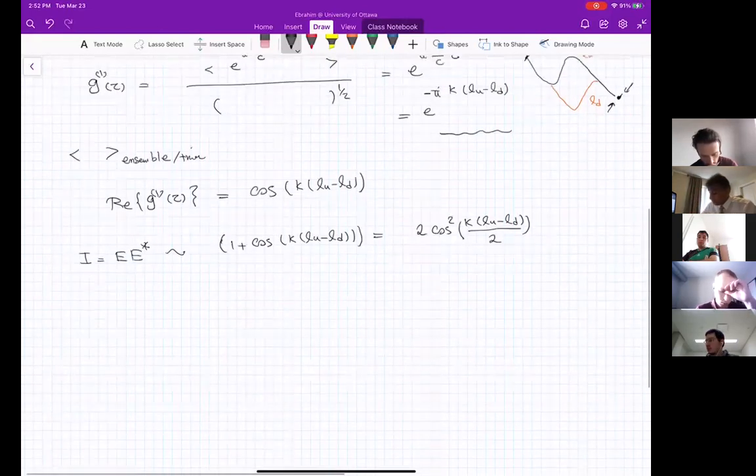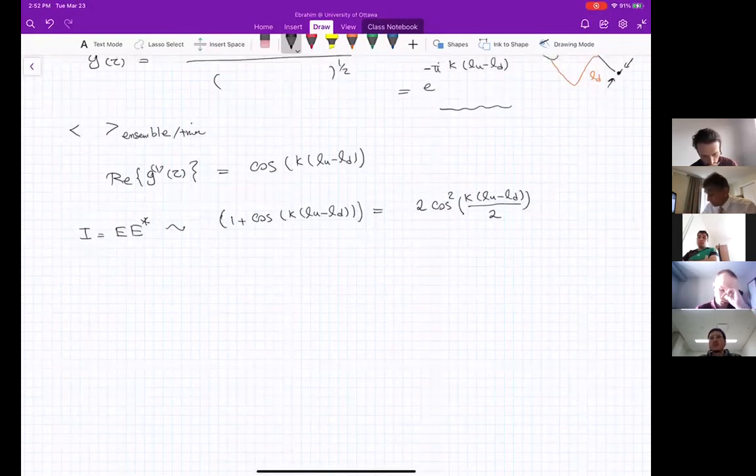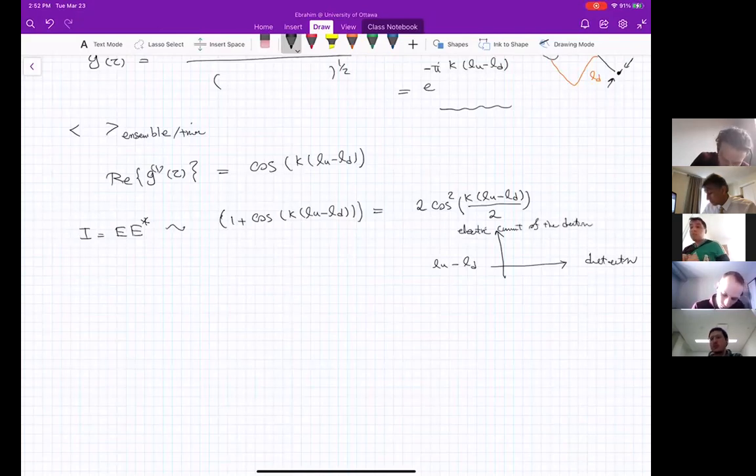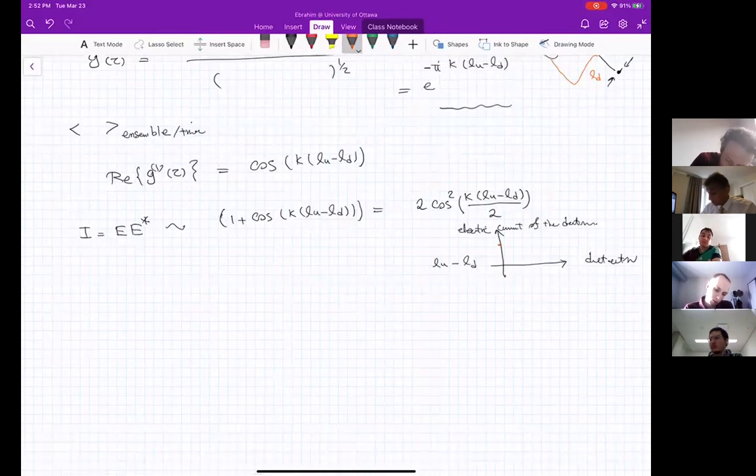Good. So now we can see that if we look at the detector and vary LU with respect to LD, then what you will get as a result of the detector power or electric field, or electric current of the detector, when the two lengths are identical, so LU minus LD is equal to 0, is the maximum value.